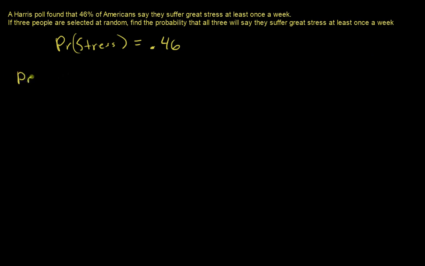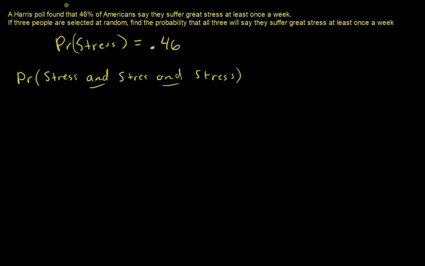So basically we want to find the probability that the first person suffers from stress and the second person suffers from stress and that the third person suffers from stress. Okay? Now, we've already talked about the multiplication rule at this point.